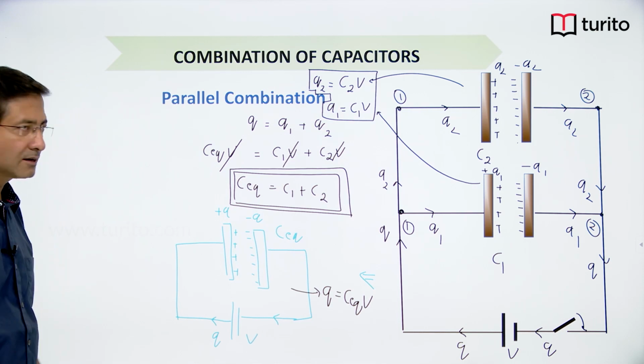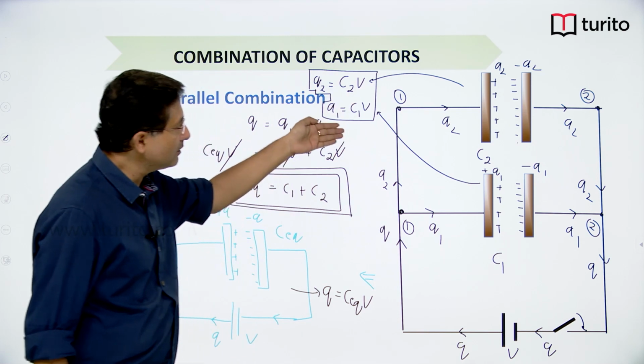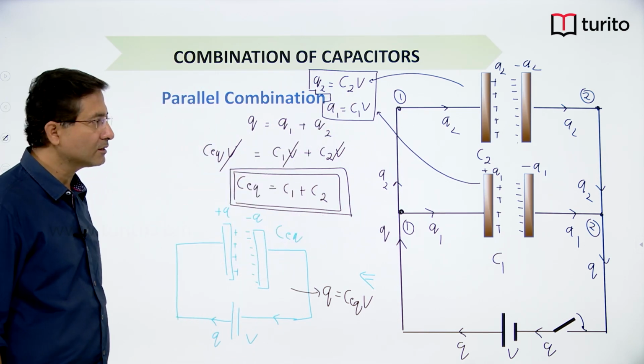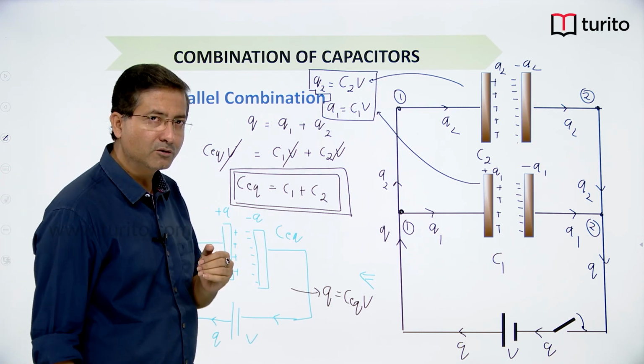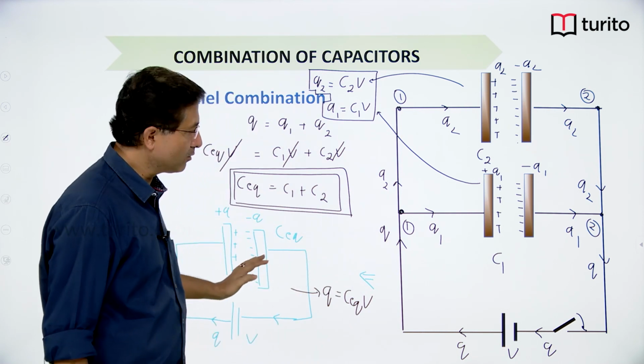So the procedure is clear. From here onwards, instead of following this procedure, we will directly apply the formula C1 plus C2 for parallel combination, and 1 upon C1 plus 1 upon C2 is equal to 1 upon C equivalent for series combination, right.